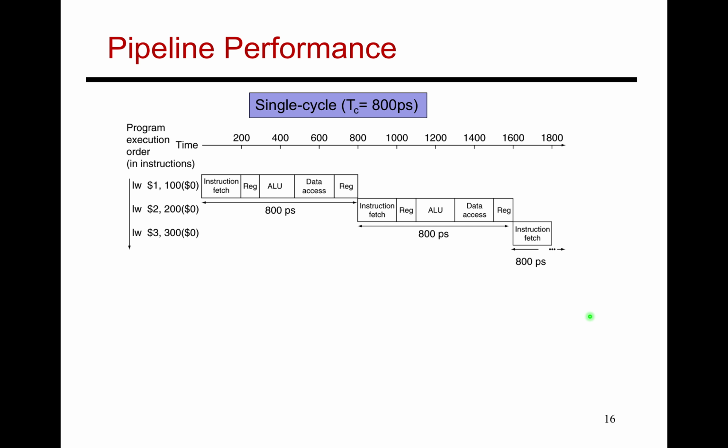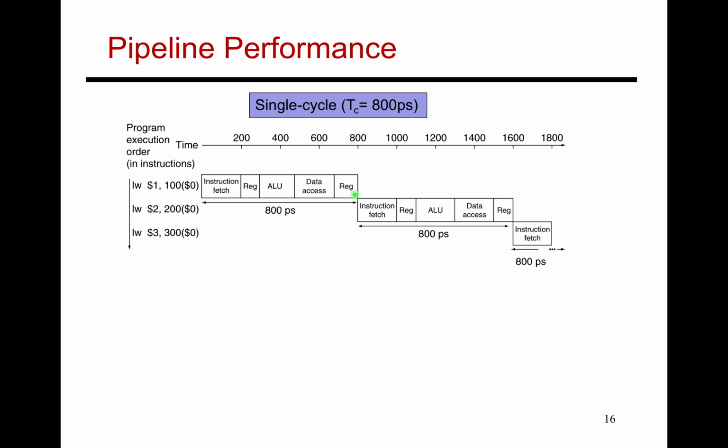So the operations for the single cycle would be like this. We still go through these operations. We fetch an instruction. We read the registers. We perform the ALU operation. We access memory if needed. And we write back into the registers if needed. That takes us 800 picoseconds.